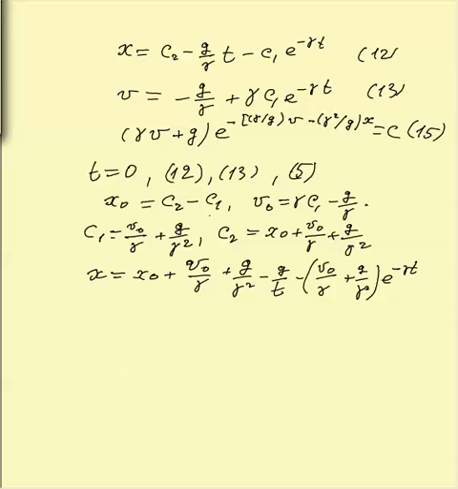And v equals minus g over gamma plus (v0 plus g over gamma) multiplied by exponent minus gamma t.